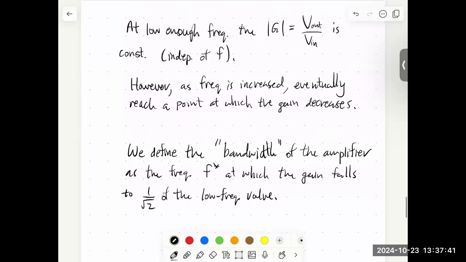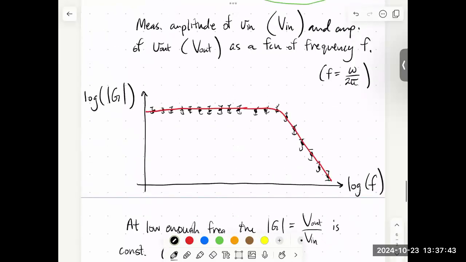Okay, so what does that mean? What if I said over here that at low frequencies, let me say we were measuring a gain of G0, right? So maybe G0 is 100. At some point, the gain will fall to this G0 value divided by √2.